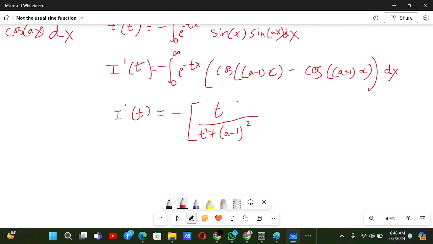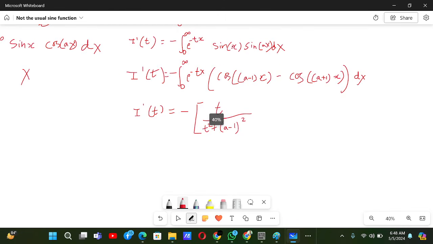Something I forgot is that while taking the sum or difference, we will also have a factor of 1 by 2 here. And then minus t by t square plus (a plus 1) whole square. Okay, now we have the answer.